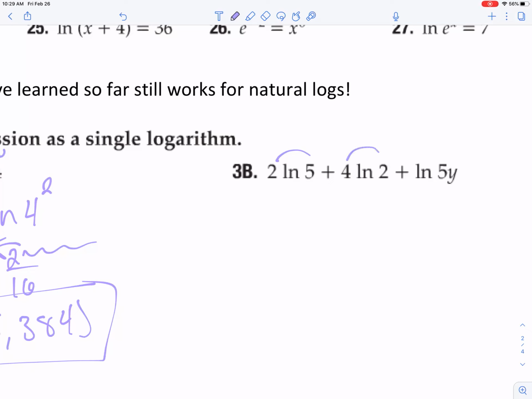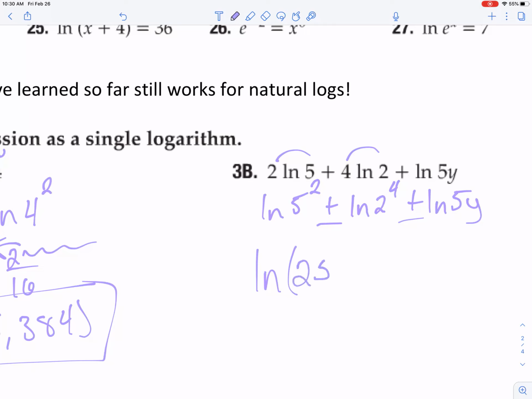3b is kind of fun. First of all, it has all sorts of exponents that can be rewritten on top, or multipliers that can be rewritten as exponents is maybe how I should say that. And then because all these things are being added together, that means they can be rewritten as multiplied together under the same log. And I'm going to go ahead and simplify here because I know that 5 squared is just 25. And 2 to the 4th, if I use my Powers Pocket Guide, I know that is 16.